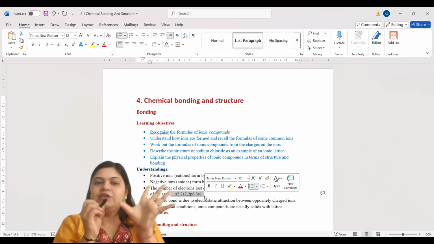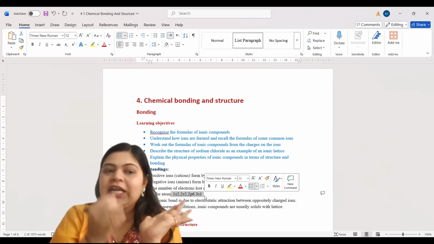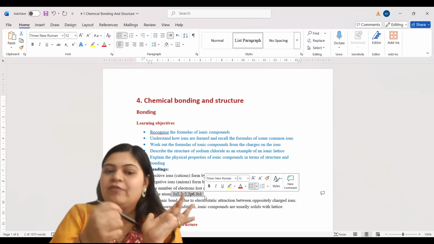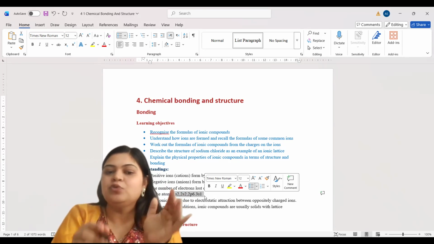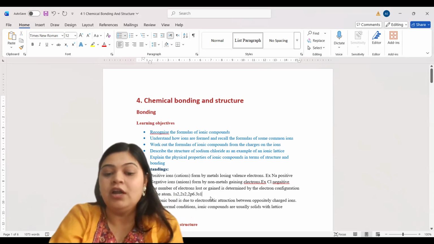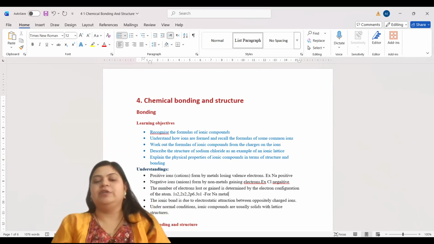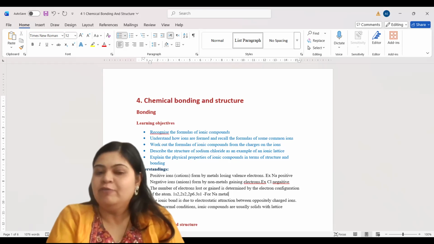The electronic configuration is nothing but the shells in which the electrons revolve. So 1s2, 2s2, 2p6, 3s2 is the electronic configuration for which element? Can you identify and tell me the name? Yes, very good, sodium metal. Similarly, for chloride, you will have to write it down.